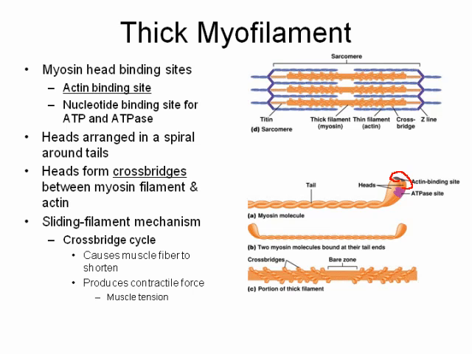So first of all, of course, it has the actin binding site, which is all important, and this nucleotide binding site for ATP, and also has an ATPase, the enzyme that breaks down ATP. So it's not only going to be binding to the ATP, but it's then going to be metabolizing it. And the heads are arranged in a spiral around the tails. You can sort of see that here, that heads are lining up, forming this spiral-like arrangement.